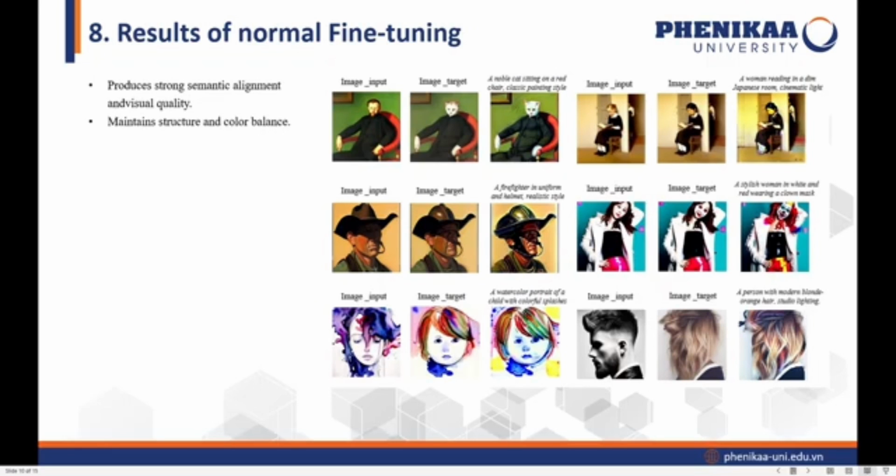So this is the result of normal fine-tuning. When in the image target, it just changed the color according to the prompt, but in the generation that my model predicted, its appearance can change the context.